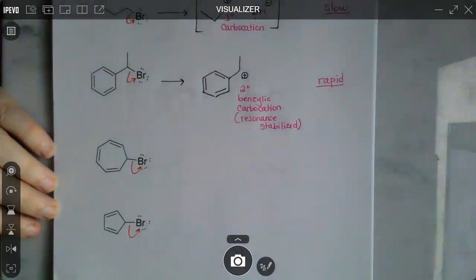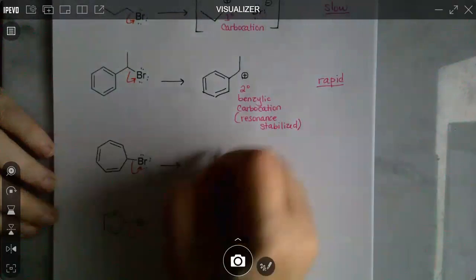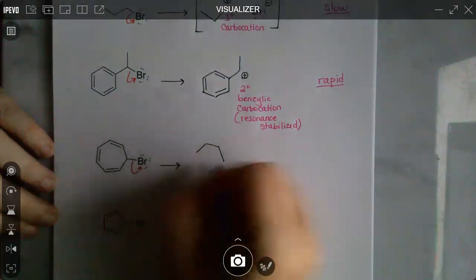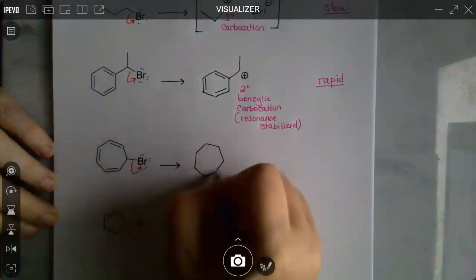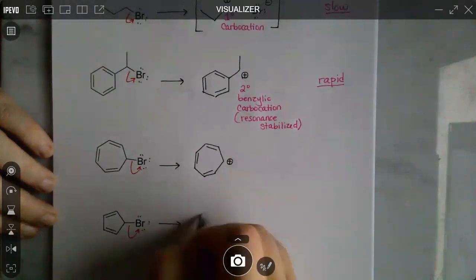Looking at the next two cases, we have a 7-membered ring and a 5-membered ring.